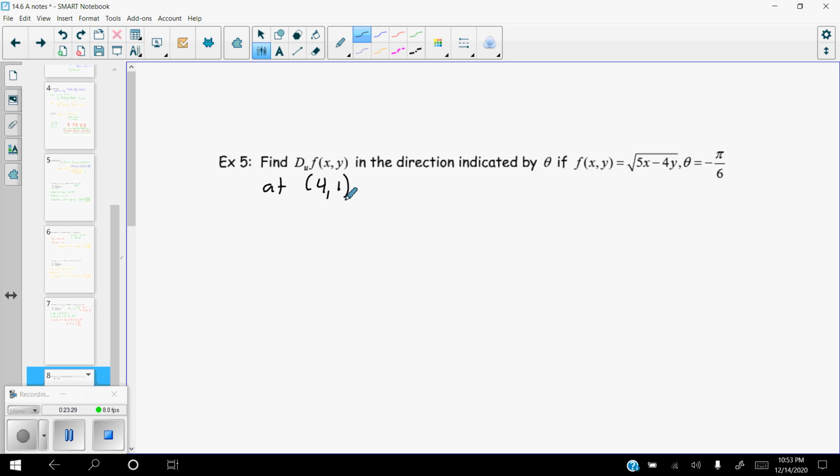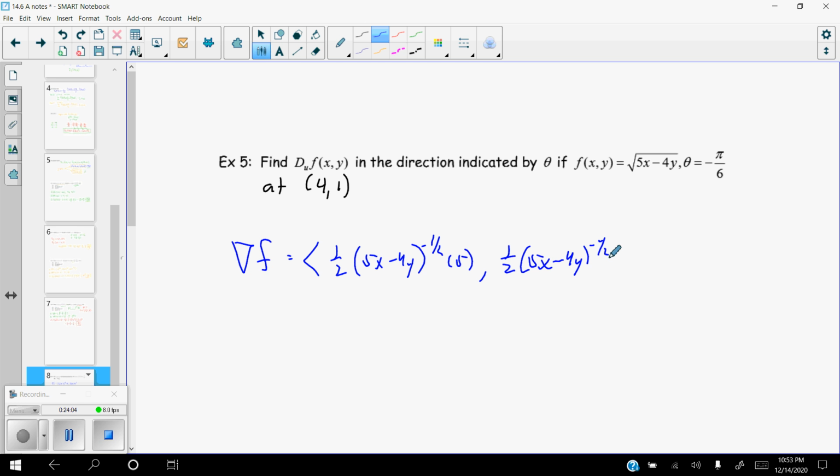Okay. Well, we can find the gradient. The gradient of f is going to be 1/2 the whole thing in here to the negative 1/2 times the derivative of the x part, which is 5, and then 1/2 times the whole thing in here to the negative 1/2 times the derivative of the y part, which is -4. Now I guess we could simplify this a little bit.